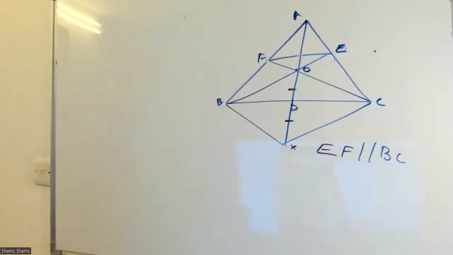What is the reason OC is parallel to BX? Wait, I gave you a chance. Now Prida is answering, so keep quiet and listen to what she's saying. Prida, what is the reason OC is parallel to BX? No reason.